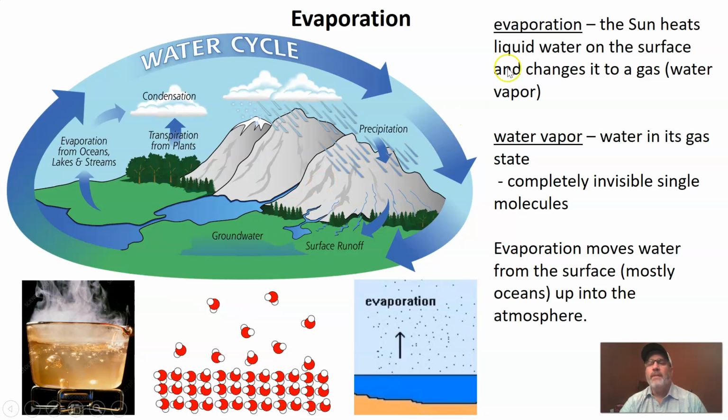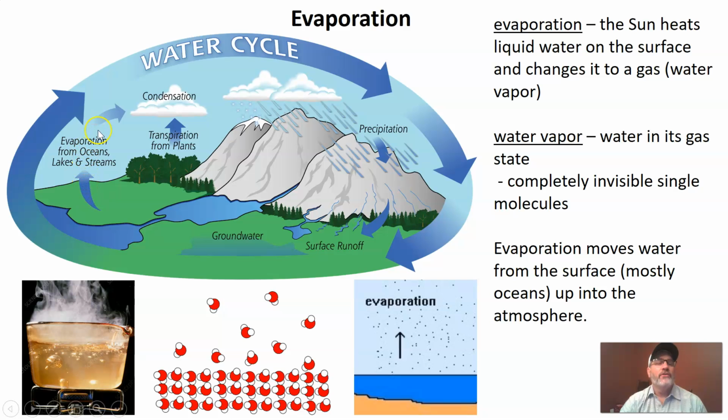So one of the key bits of evaporation is that evaporation allows water to move from Earth's surface and up into the atmosphere. When we have water on Earth's surface, it is really just kind of stuck in that one location. It's not easy for it to move around, particularly once it gets to the ocean, even though we have some ocean currents, that's kind of where it's trapped.